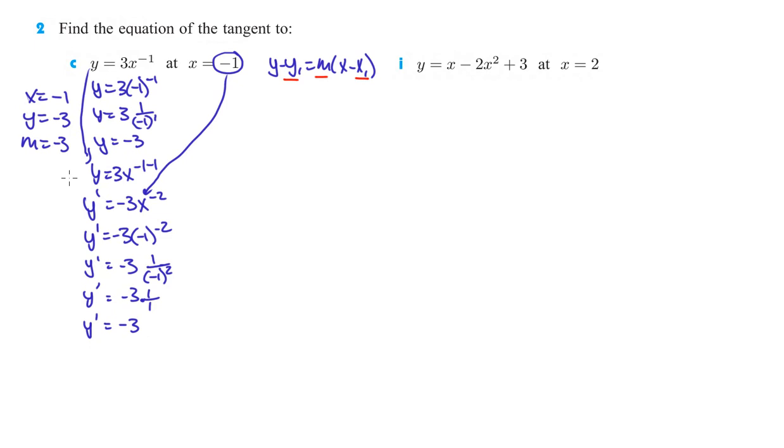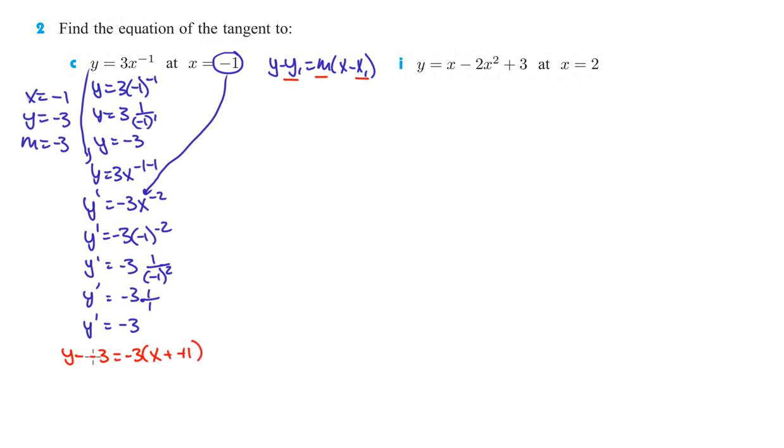Okay, so now that we have all of those, we can now plug it into our point slope formula. So we do y minus, our y1 is -3, so it's minus -3 equals m, which is -3 times x minus -1.